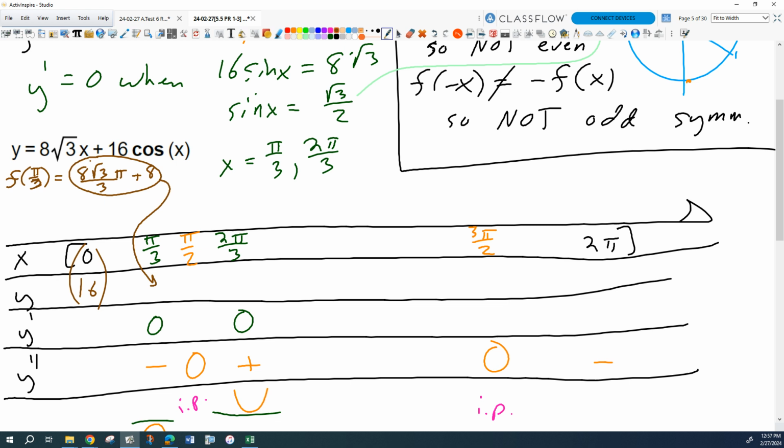Okay? And if I evaluate the function at 2/3 pi, I'm just going to get both of those becoming opposite terms, right? No, they're not. That one's not. Never mind.